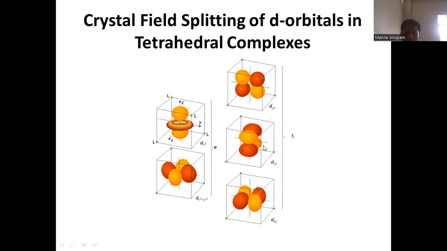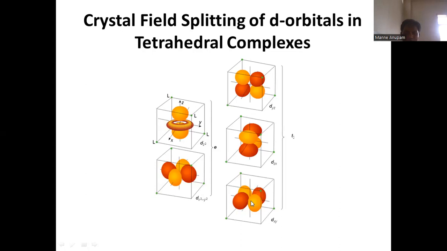When we come to this one, this is the dzx orbital, because it is present in between the z and x axes. This is the x axis, coming towards us, and the perpendicular is the z axis. So this is the dzx orbital.